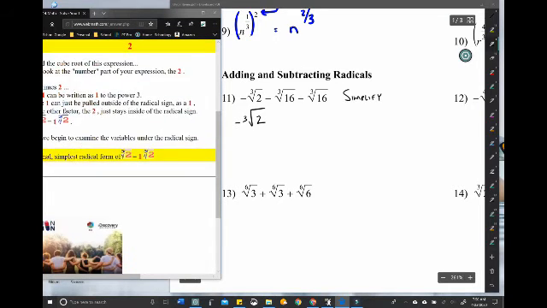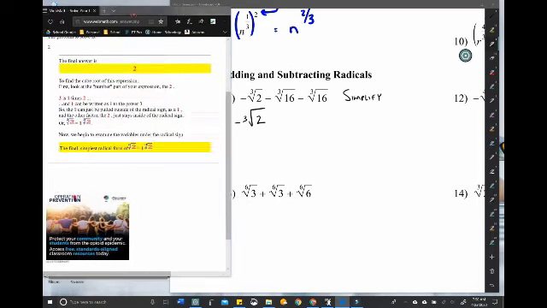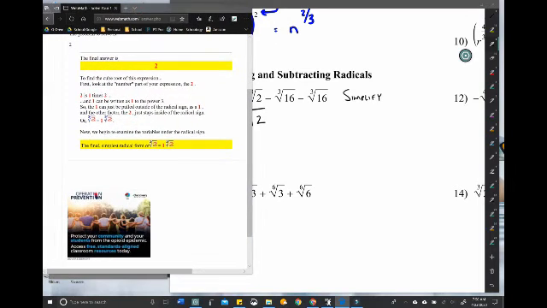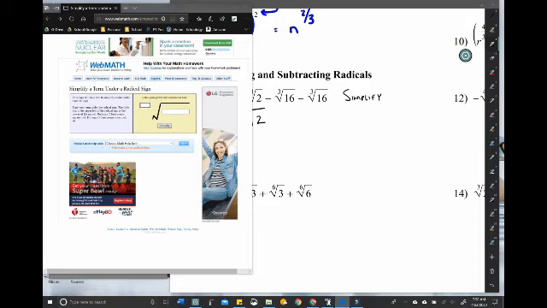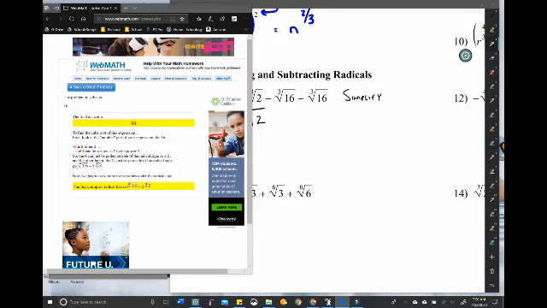Now where this is helpful is, if we just go back, and cubic root of 16, simplify. Okay, so again, that's not your final answer, not 16.